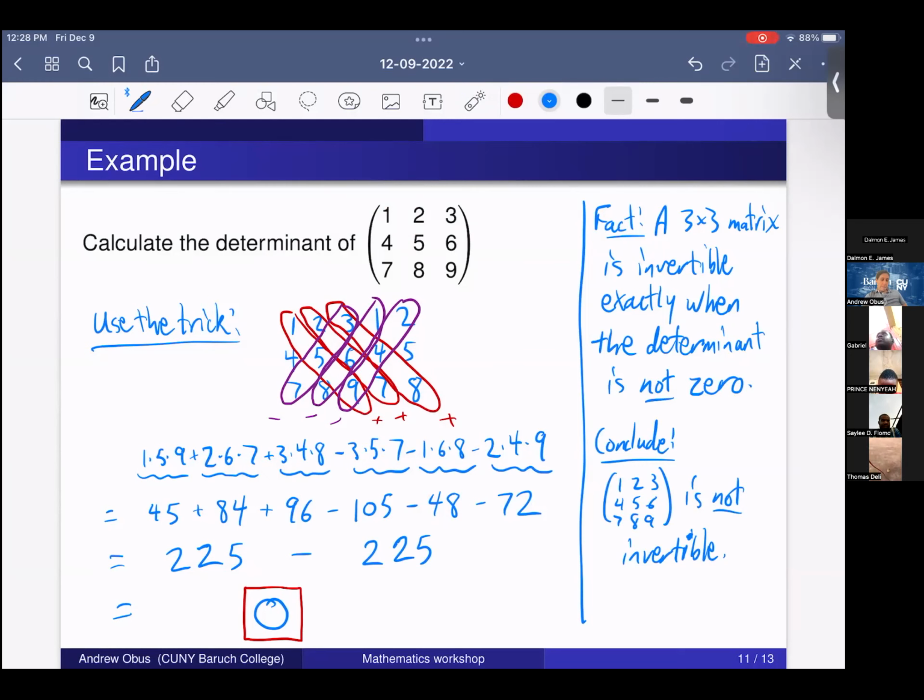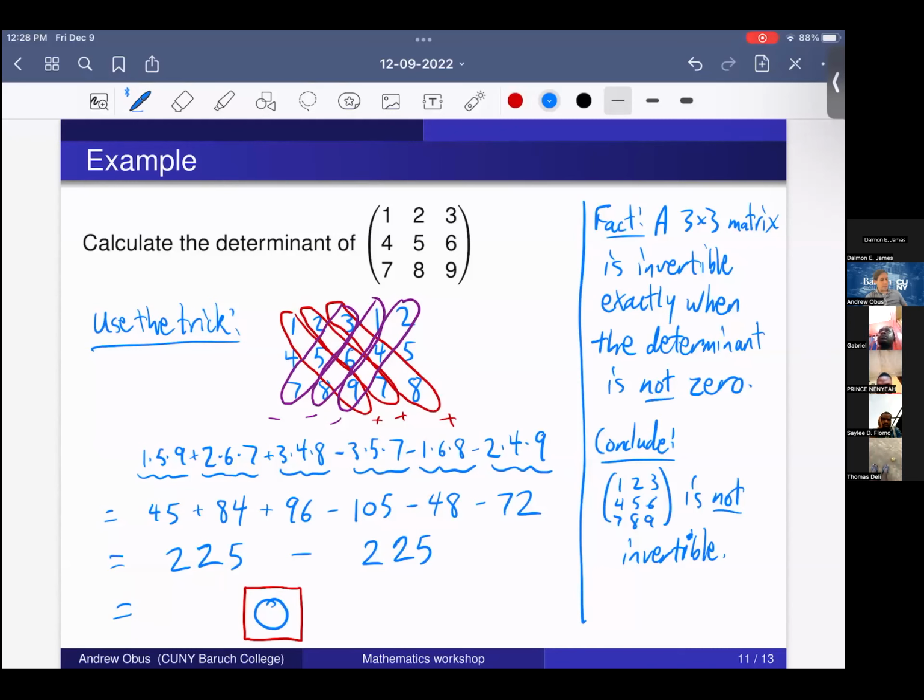And that is not so clear by looking at it, right? I mean, it's not so clear that any of this is true. I just kind of gave you a formula. We're going to see a little bit more why this formula makes sense and what it means. But for now, all that we know is that the determinant of this matrix is 0.